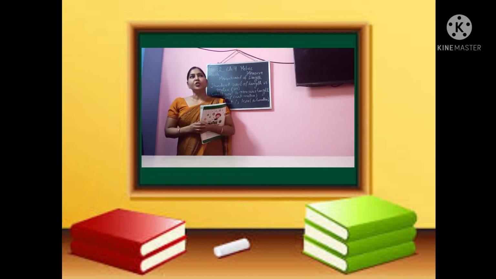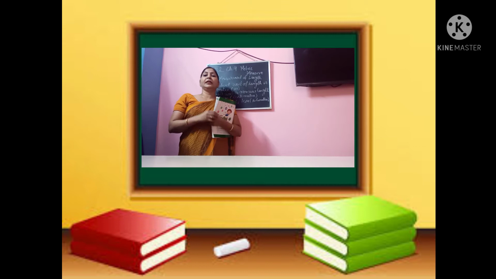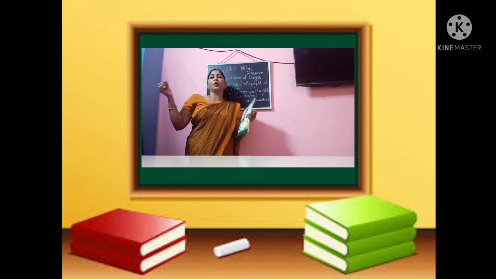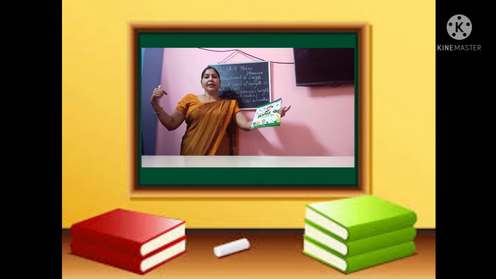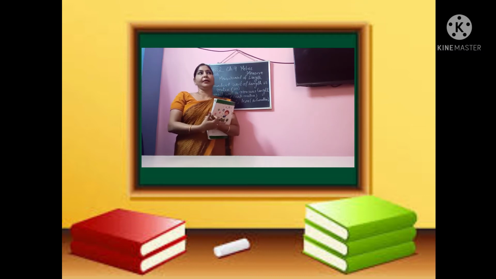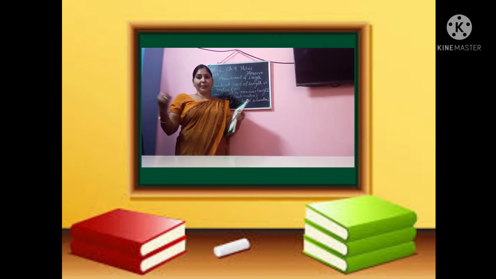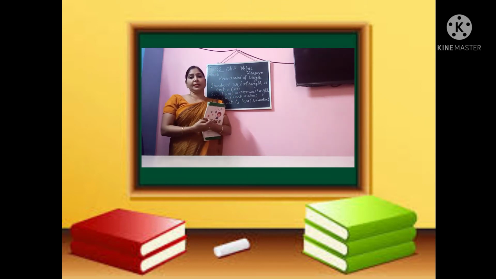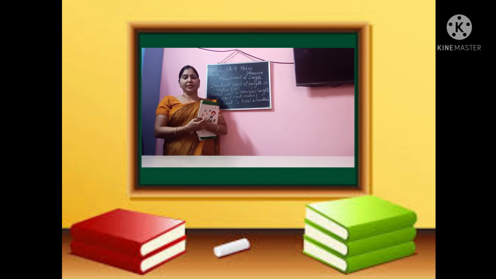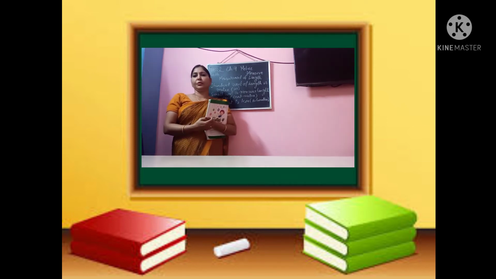There are other instruments also to measure the length, like the meter rod. There is a 1 meter rod, which I think is made of iron, and it is used by tailors also. I have seen tailors using this meter rod for measuring the length of cloth. Okay, and it's also used for other purposes.